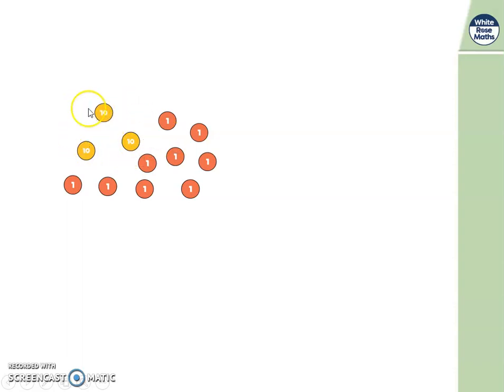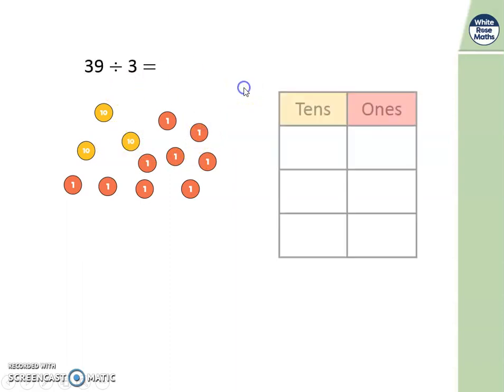So here I have my 3 tens, 30. Here I have 9 ones, which makes 39. We want to share that by 3. So here I've got my place value grid. I'm going to take my 3 tens first, and I'm going to share them equally. If you look on my grid, I've divided it into 3 rows because I'm dividing by 3.